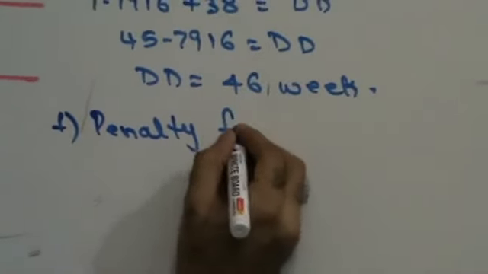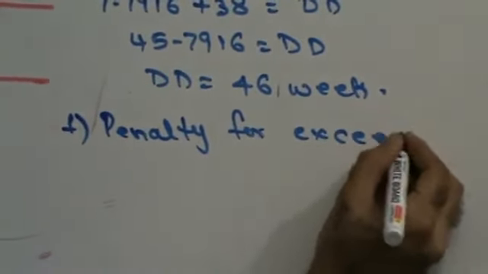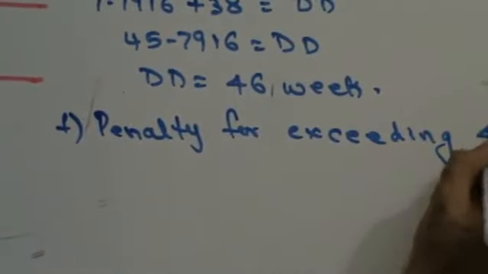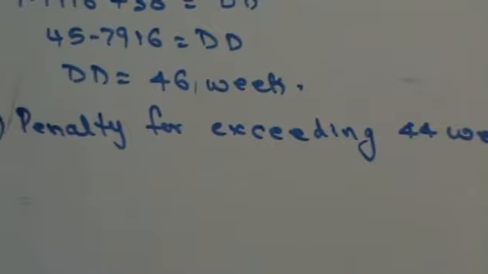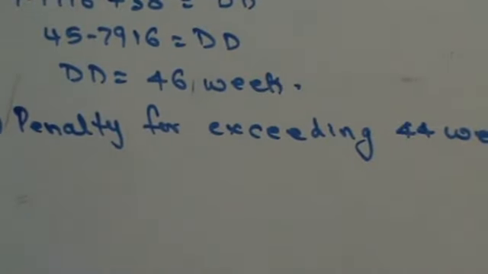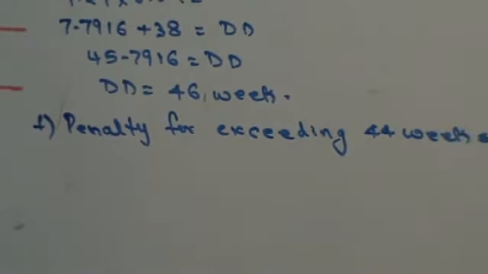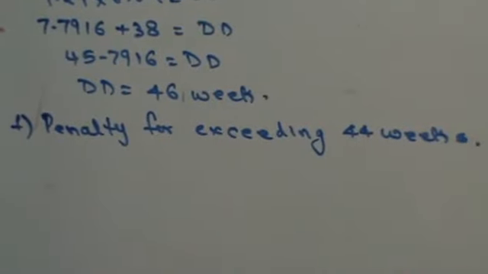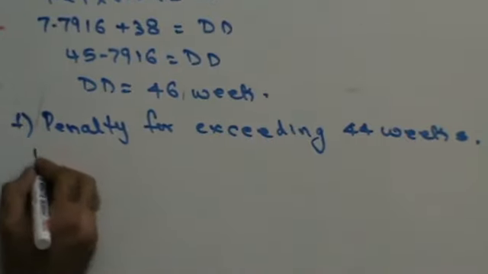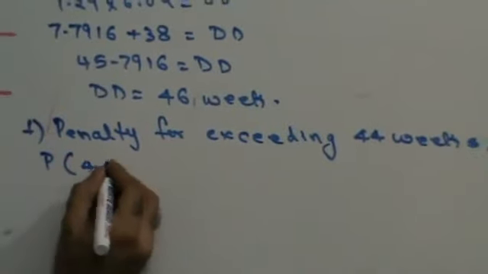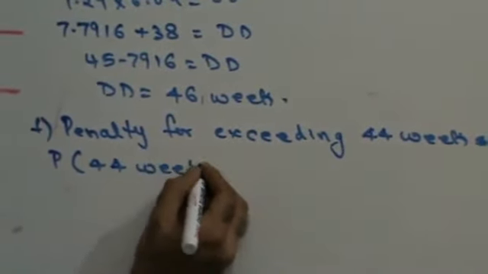There is a penalty for exceeding the project by 44 weeks. Now, my normal project completion time is 38 weeks. Let us first find out the probability of completing the project in 44 weeks.